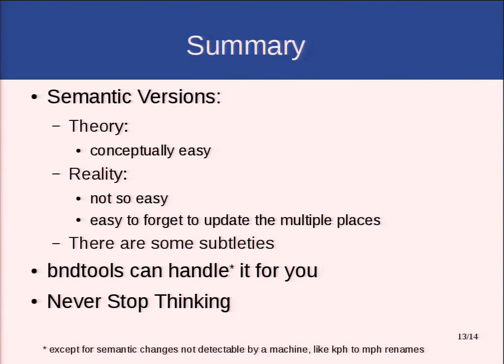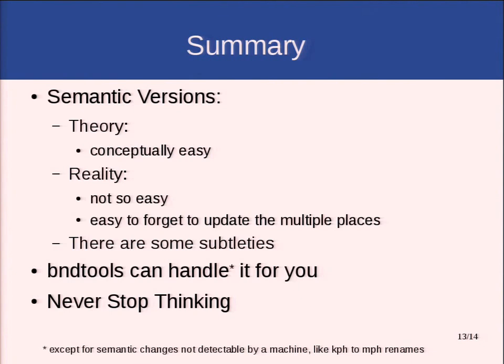So the theory is the concepts of versioning are quite simple once you understand the rules, but it can be hard because there are many things that you have to change and many things that you have to keep in sync. For example, I showed you that the API is at 1.0.0 and the bundle is at 1.0.0 as well, but they don't have to be the same, and usually they are not the same.